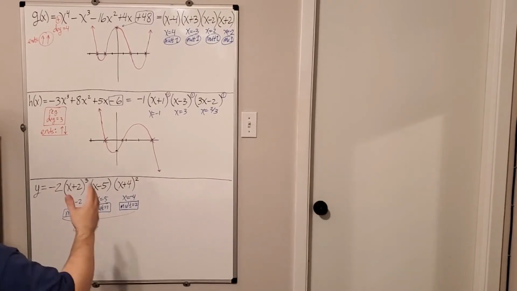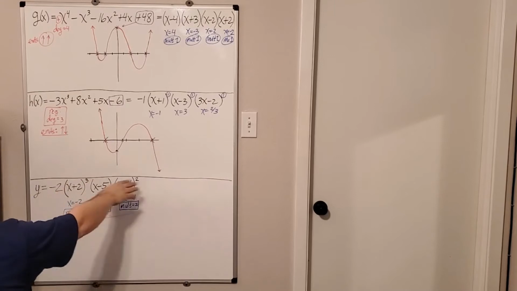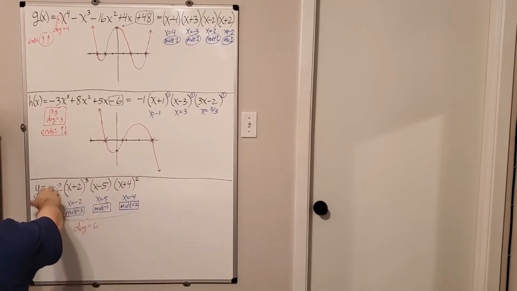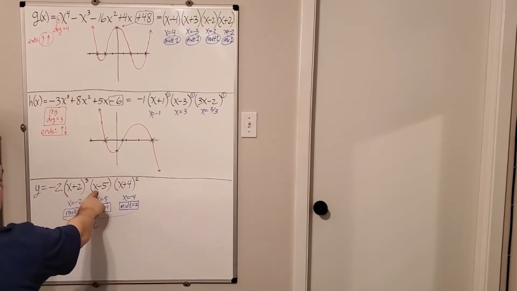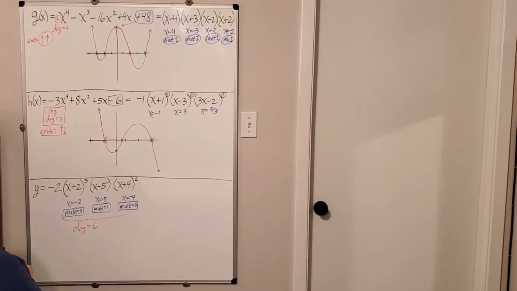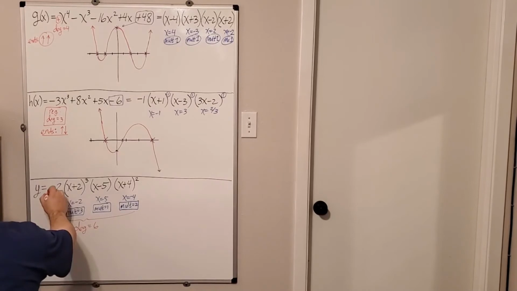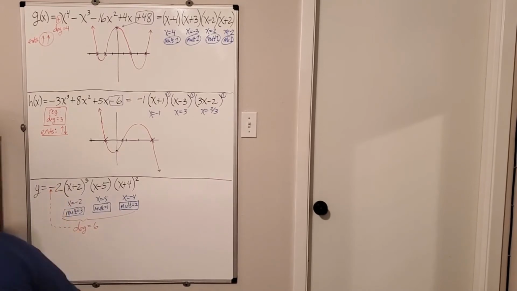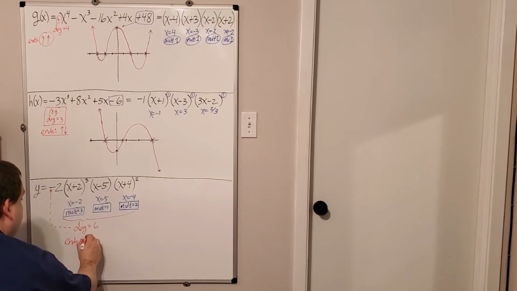So my bus driver is actually the -2x to the 6th, right? The -2 happens to be there, and there's no other numbers multiplying by x. So the first term would have to be -2x to the 6th. It is negative, and even degree. So my ends are going to have to be down, down.